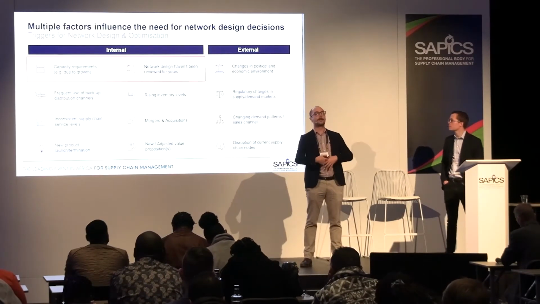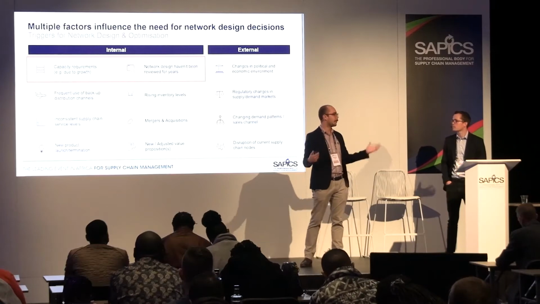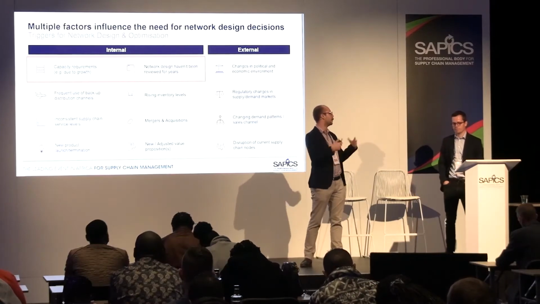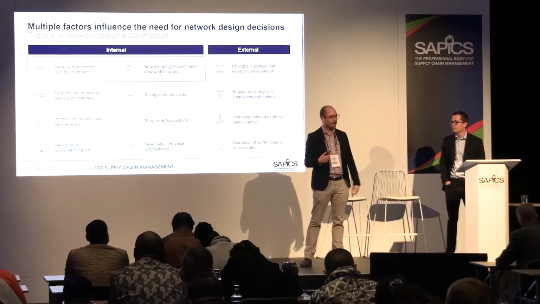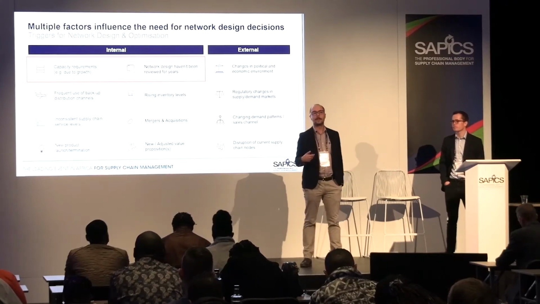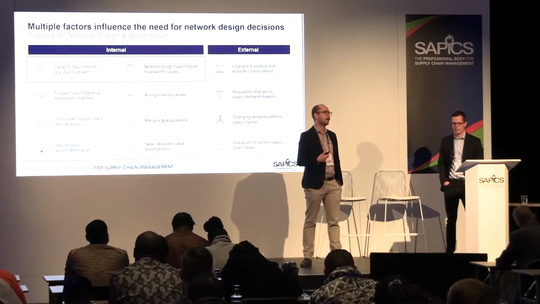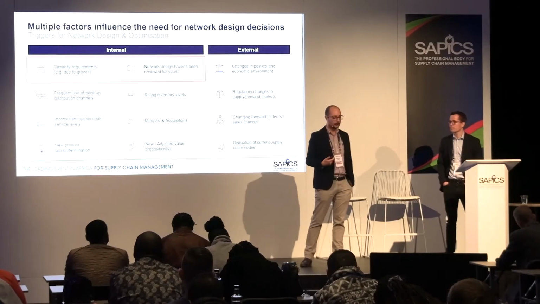And then you have to go through a massive exercise. You have to employ a bunch of people to do the design. You have to move warehouses, move service providers. It's much better to frequently review your network than to let it get stale and old and have to revisit it.